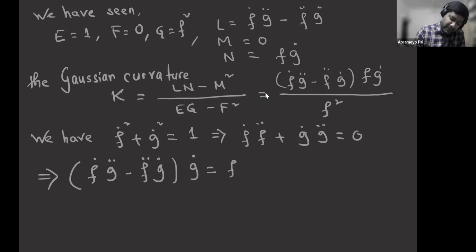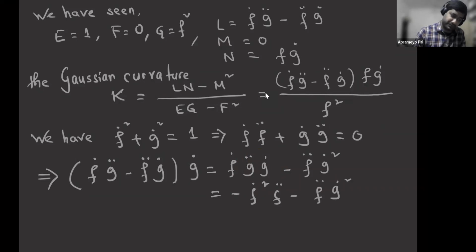So this is f dot g double dot g dot minus f double dot g dot square, and now this I will replace by minus f dot square f double dot minus f double dot g dot square.